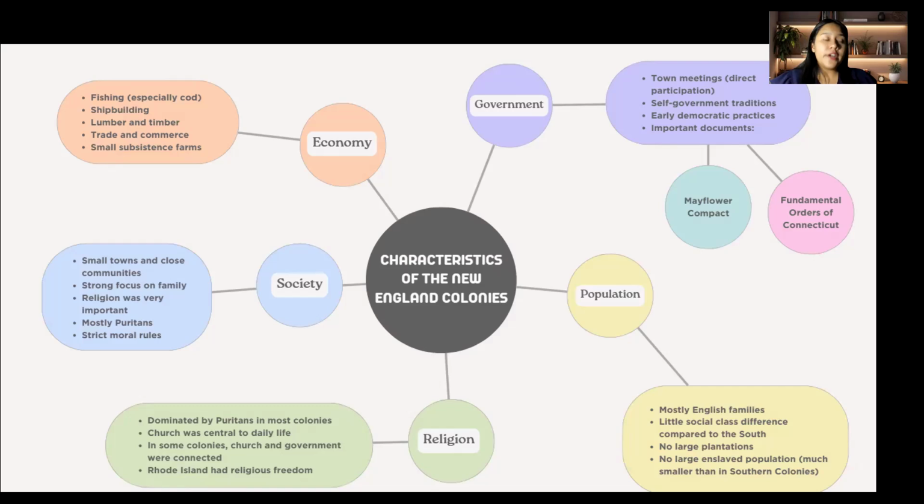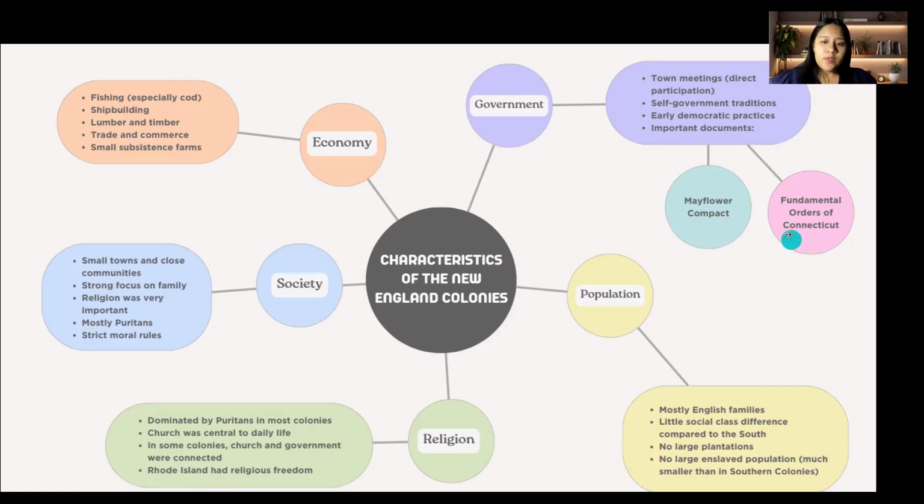Religion was very important, especially Puritan beliefs, although Rhode Island had religious freedom. They also had town meetings and traditions of self-government, which were early forms of democracy. They didn't have large plantations and had a much smaller enslaved population compared to the southern colonies. So, overall, their society was more equal and community focused.